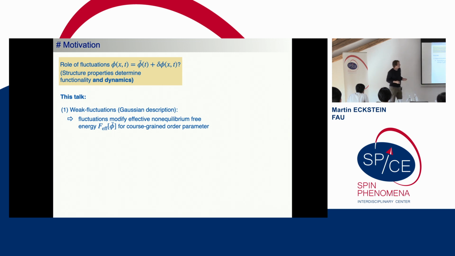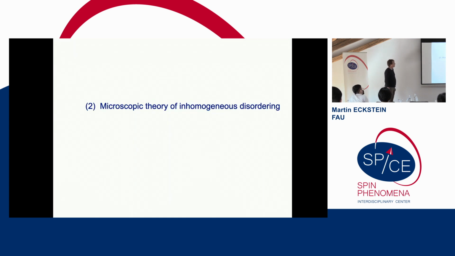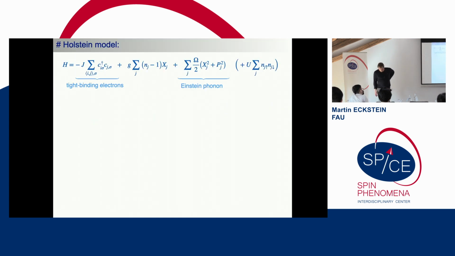There's a work along this. But then you can even ask for very strong fluctuations or strong variations, which can be understood as defects, inhomogeneous disorder generated by the pulse on short timescales, and this can also have a profound influence on the dynamics. And this is what we were interested in studying here in a very simple microscopic model.